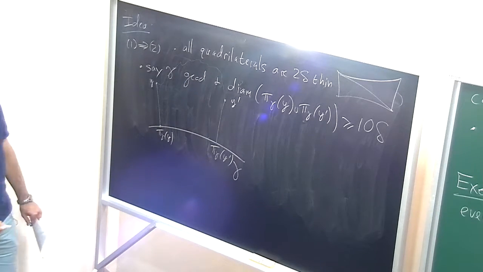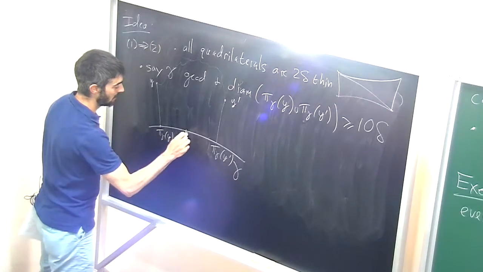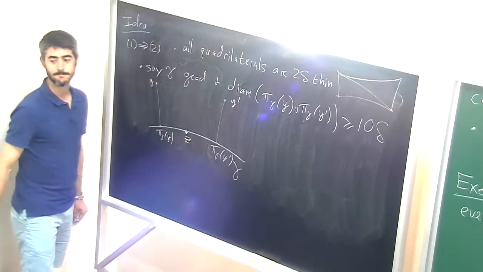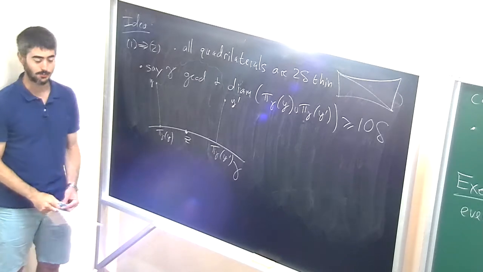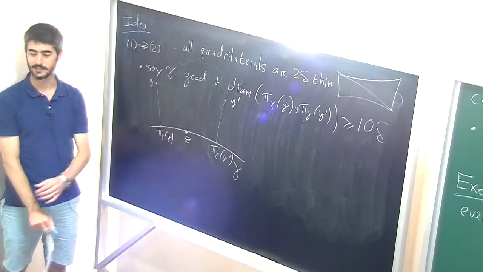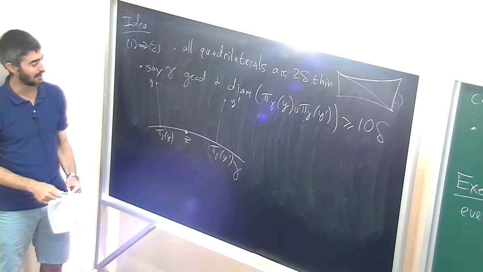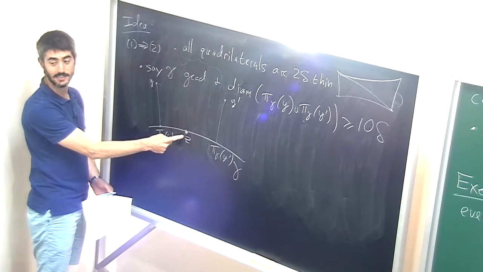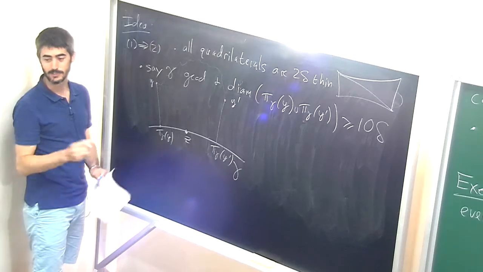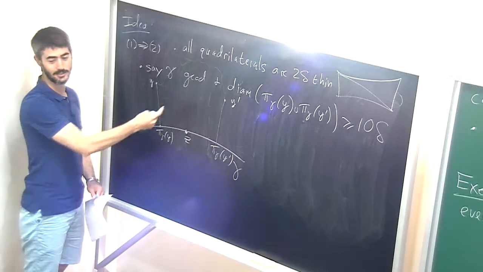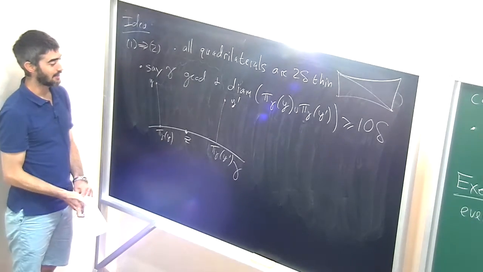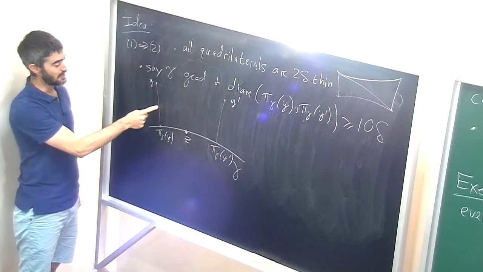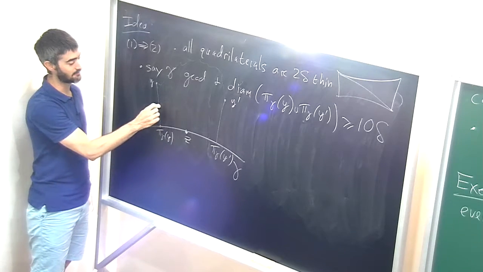What I'll do is I'll pick a point in the middle. The point of being in the middle is that I now have a geodesic quadrilateral, and this point z is close to somebody. That's the rule: it has to be within 2 delta of somebody on one of the other sides. So let's think, could it be close to somebody over here?